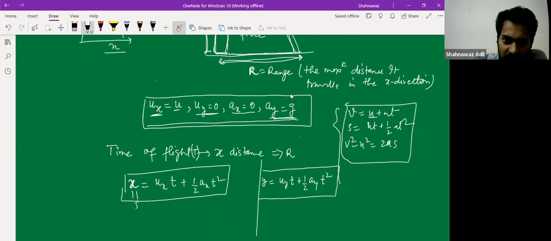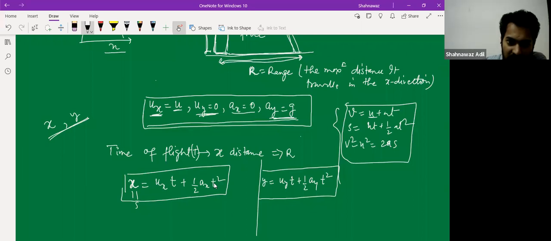Okay. So you know these prior information, right? Yes, sir. Okay. And let's apply the kinematics equation for each part, for the x part and for the y part. So for x part, this will be UXT plus half AXT square, right?